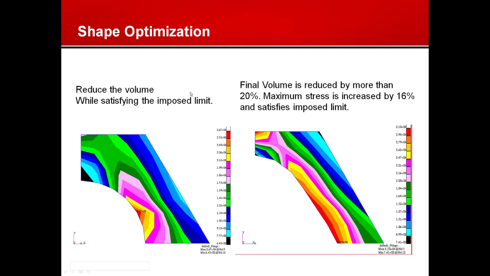And what we are trying to do here is keep the outer profile of this shape the same while changing the circular arch. We want to be able to change the circular arch to reduce the volume and therefore the weight while meeting the stress criteria.